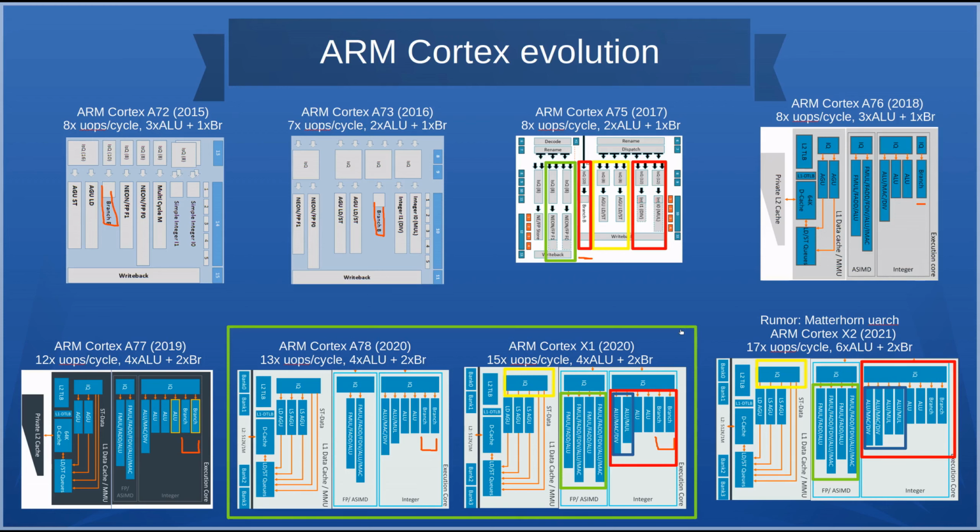So Zen 3 could be 4 wide in terms of LAU units, but 6 wide in terms of 2 separated branch ports. So this is another possible architecture design. Zen 3 could have it, but it's really hard to say.